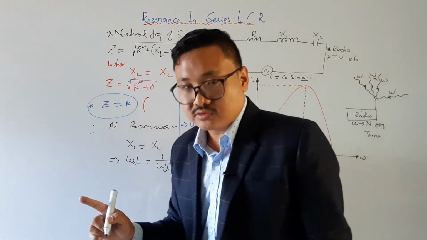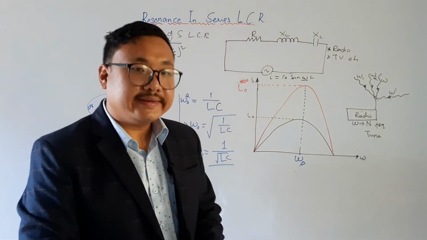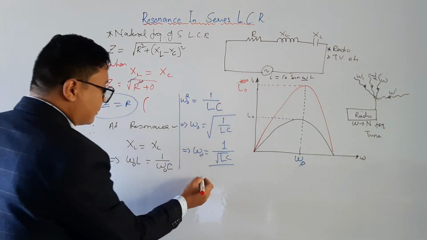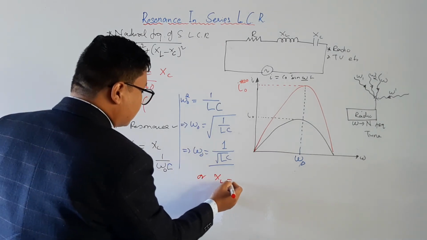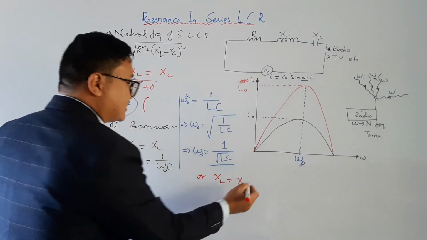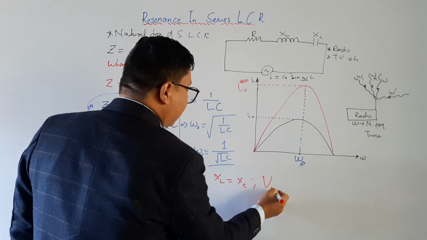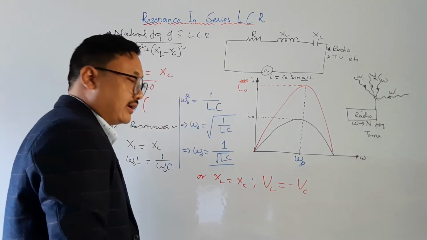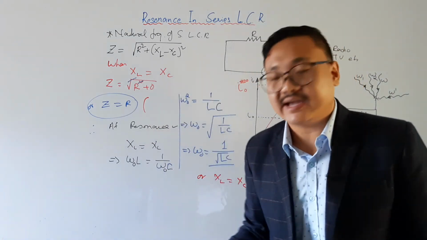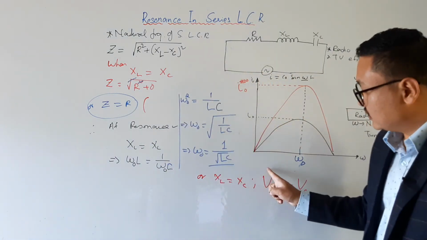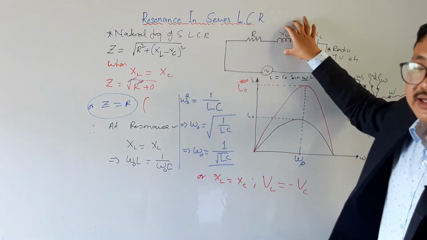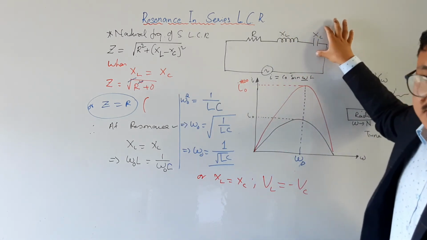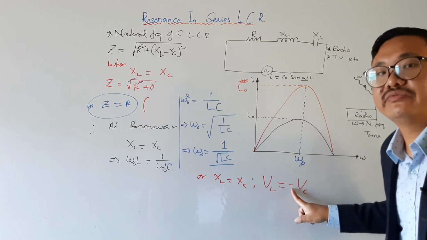So there are so many ways. Equivalently, there is one more thing. When XL is equal to XC, at that time VL is also equal to VC with the negative sign. When XL is equal to XC, the voltage drop across the inductor is equal to the voltage drop across the capacitor, but with the opposite phase.